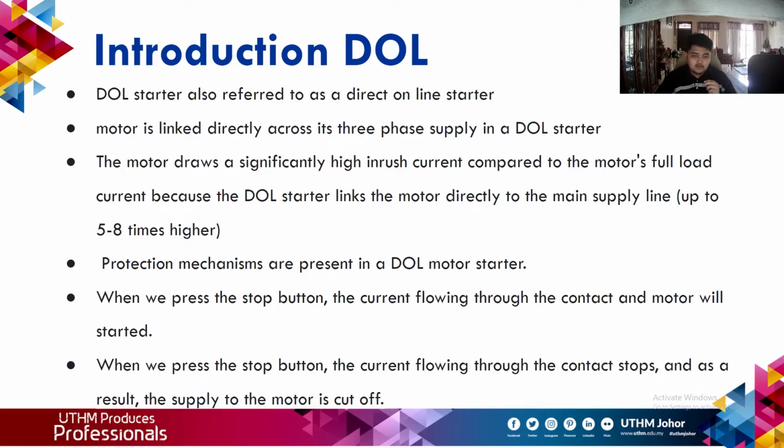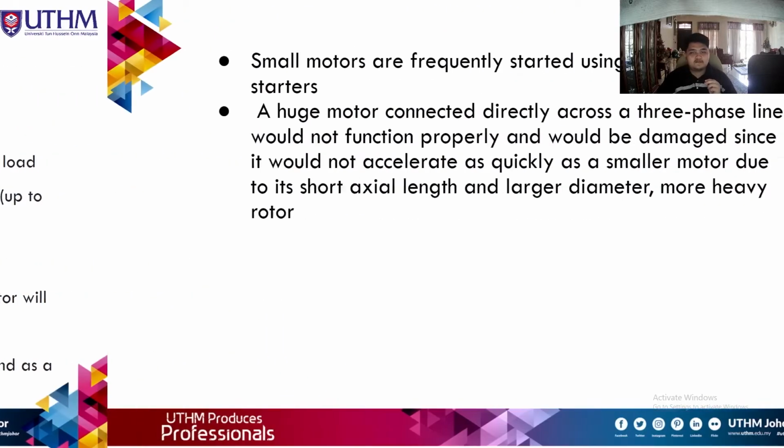When there is a high overload current, the relay will trip and the motor will not start. As for the mechanism of the direct online starter, when we press the start button, the current flows through the contact and the motor starts. If we want the motor to stop, we press the stop button, the current flowing to the contact stops, and as a result the supply to the motor is cut off.